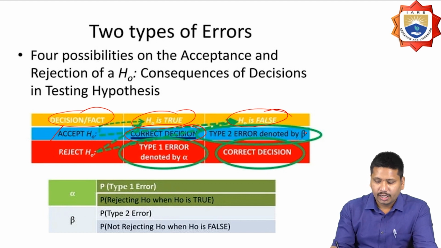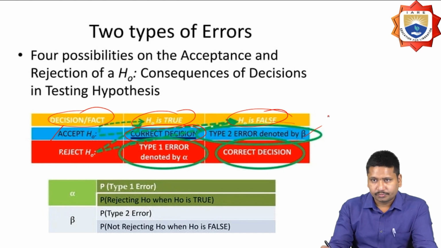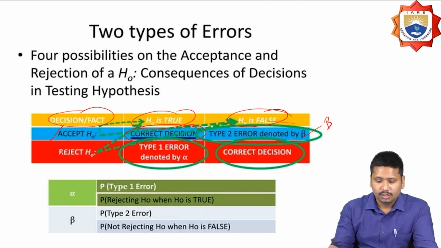If it is false, then I get a type 2 error, which is denoted by beta here. Similarly, if the H naught assumption is false initially but the result comes out true, then I get a type 1 error, which is denoted by alpha here.